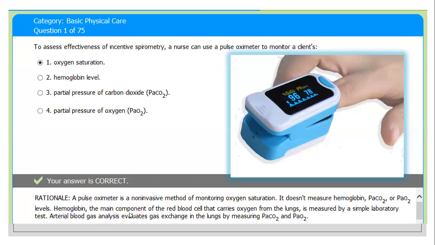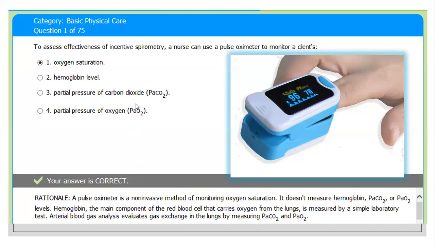Hemoglobin, the main component of red blood cells that carry oxygen from the lungs, is measured by a simple laboratory test. An arterial blood gas analysis evaluates gas exchange in the lungs by measuring partial pressure of carbon dioxide and partial pressure of oxygen.